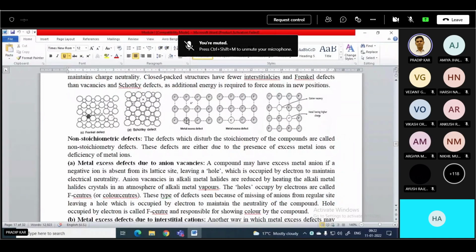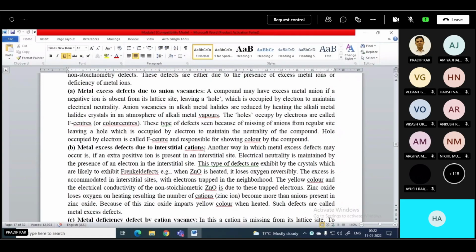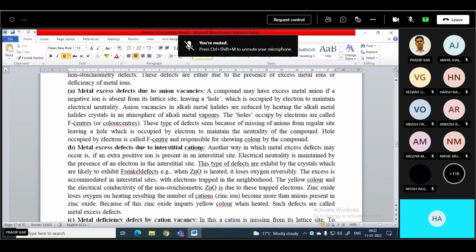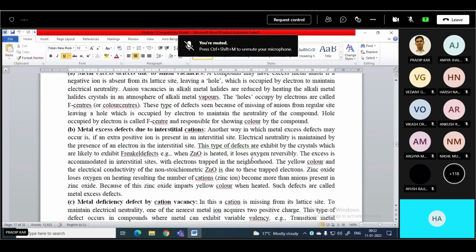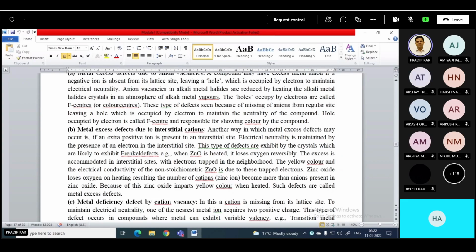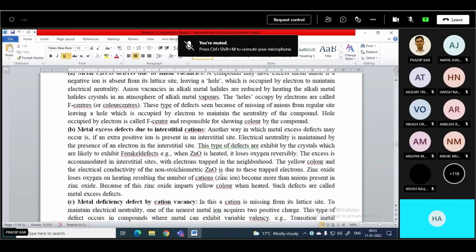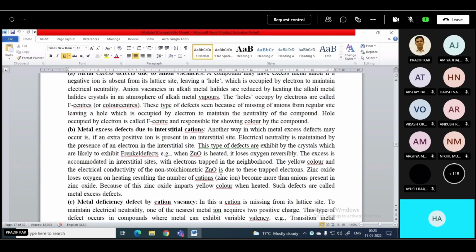Okay, and this is possible when, say, the yellow color and electrical conductivity of non-stoichiometric ZnO, when there is no defect. The yellow color and electrical conductivity of ZnO with this type of non-stoichiometric defect is due to trapped electrons.